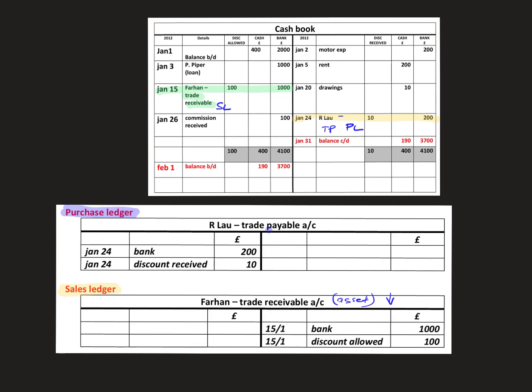So the preparation of the cash book and then transferring those transactions from the cash book into the respective ledger accounts. And I hope this video helped you in mastering that.